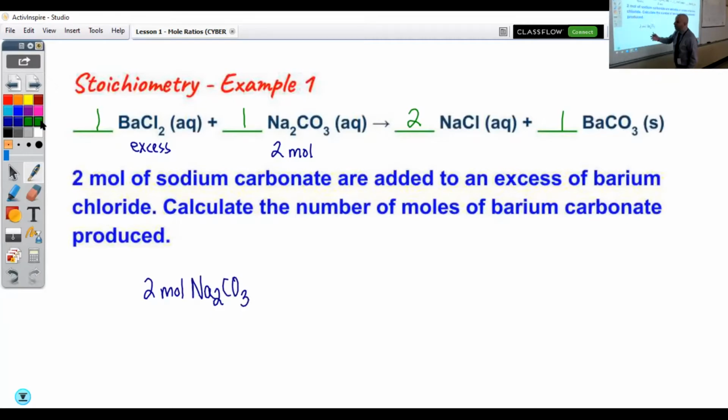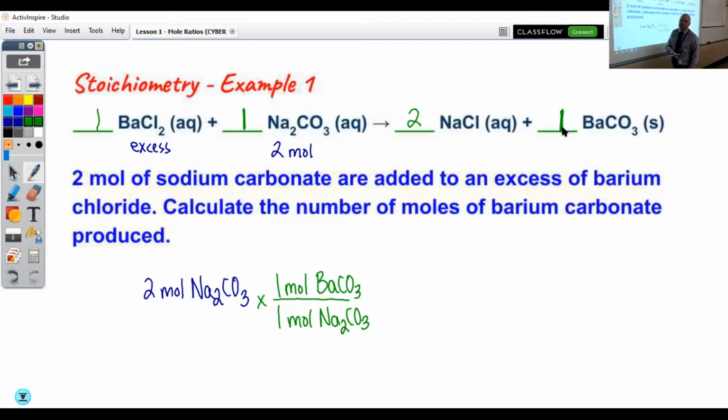Our 1 fraction is going to be the mole conversion. So in this case, we're going to have 1 mole of Na2CO3 for every 1 mole of BaCO3. These ones are coming from up here. So 1 mole here, 1 mole here. If these were other numbers in our balanced equation, then this ratio would have those numbers in it.